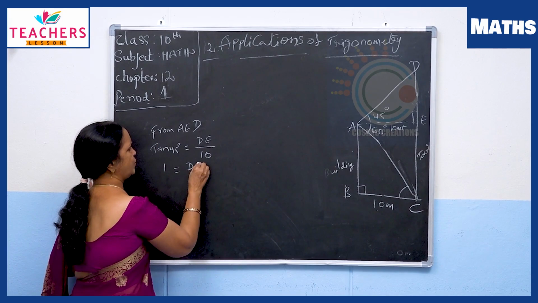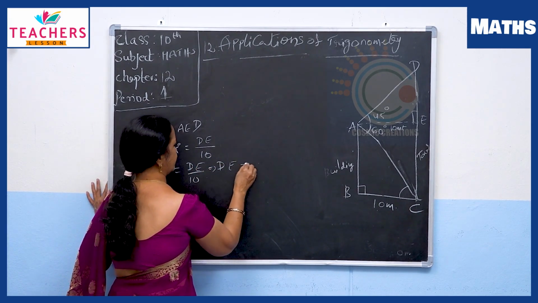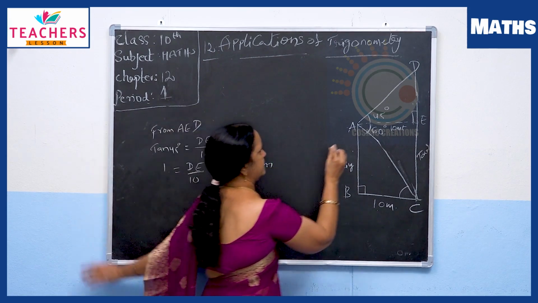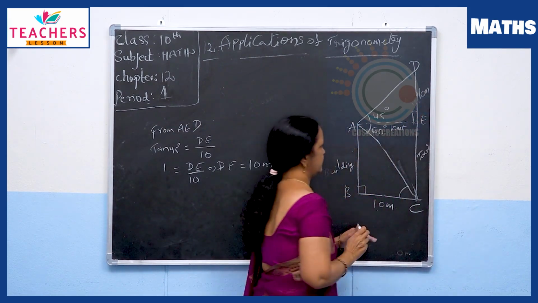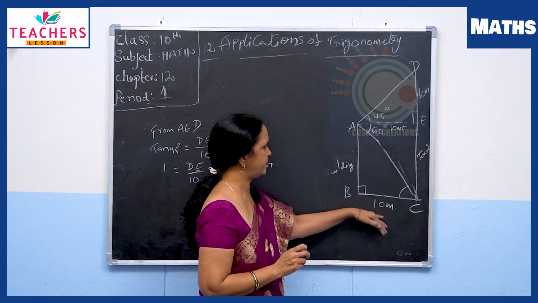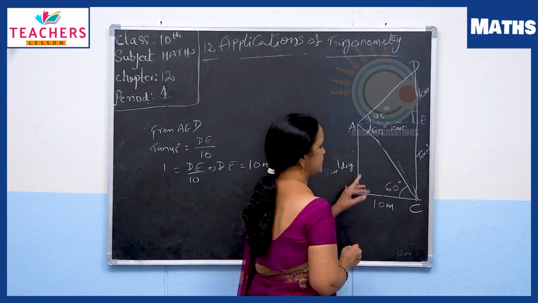Directly I am writing because we have to do a lot of problems. It is very easy. From this, DE is equal to 10 meters. This is 10 meters.